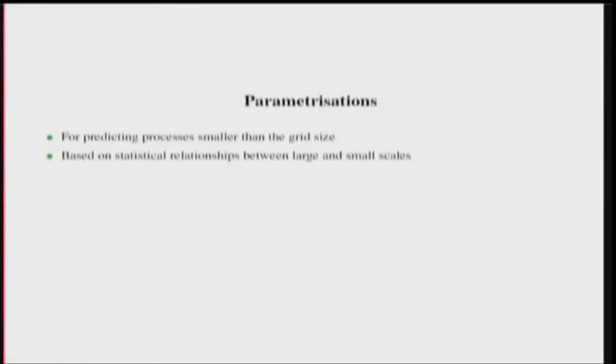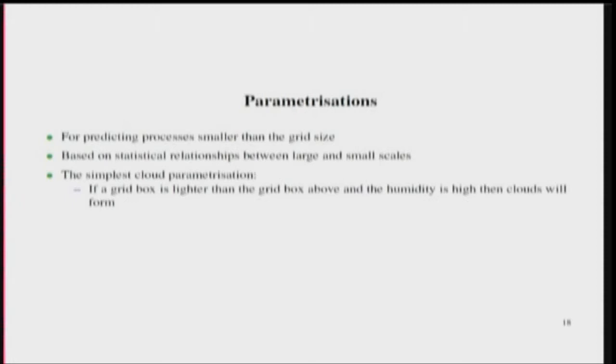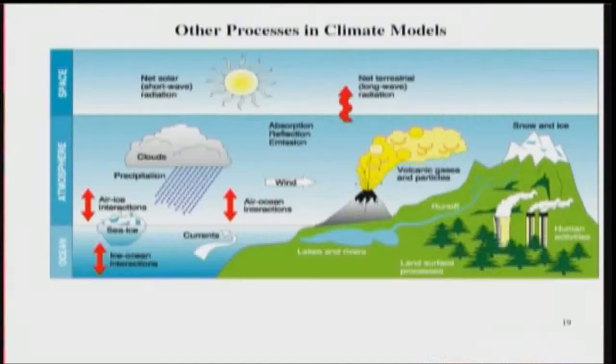So in order to make predictions on those scales, we just have statistical relationships that say something like: if one grid box is lighter than the grid box above, then the air will rise and clouds will form. It doesn't care what the size of the clouds are. It just says, yep, there'll be clouds in this layer, which does lead to some inaccuracies.